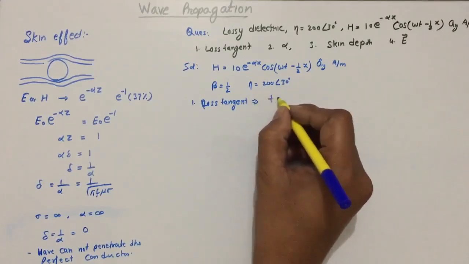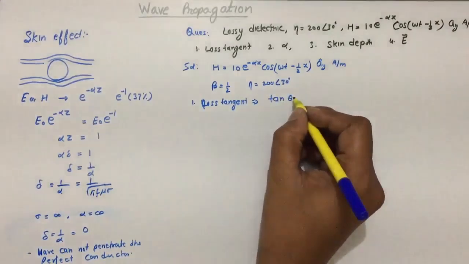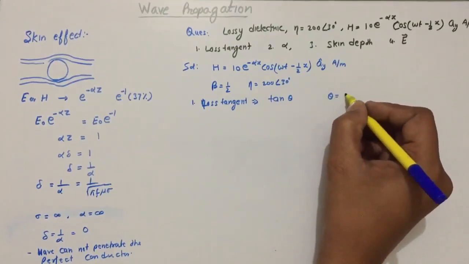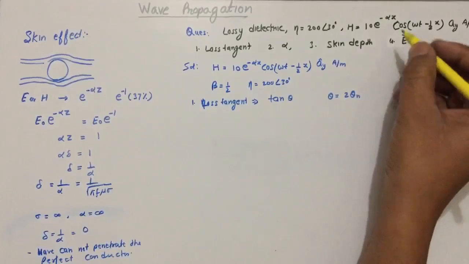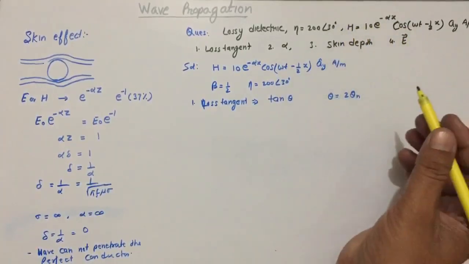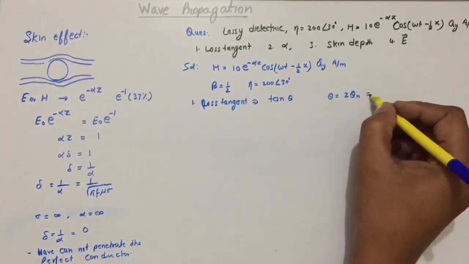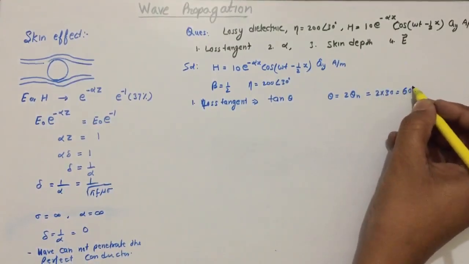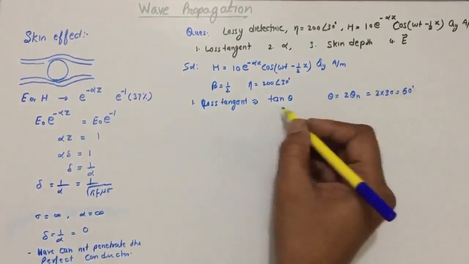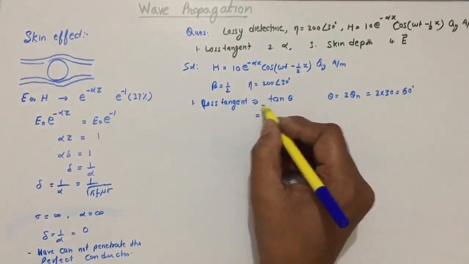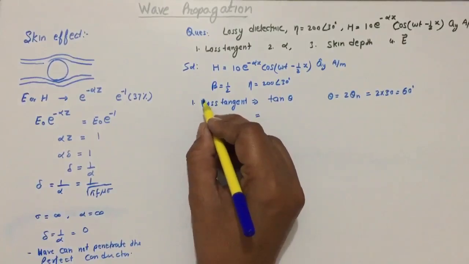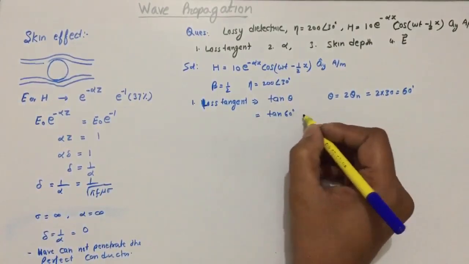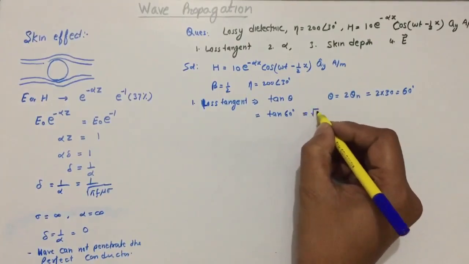The formula for loss tangent is tan theta, and this theta is 2 times theta n, that is 2 times 30. Theta is equal to 60 degrees, and if theta is equal to 60 degrees, then loss tangent can be written as tan 60 degrees, and it will be equal to root 3.